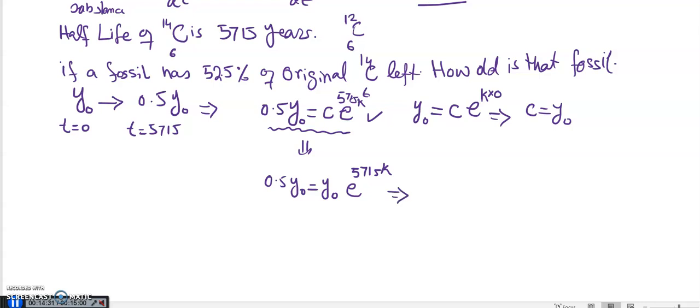From here we can find the value of k, because y0 will cancel with y0. So the value of k will be equal to minus 0.0001213. We will continue this problem in the next video.